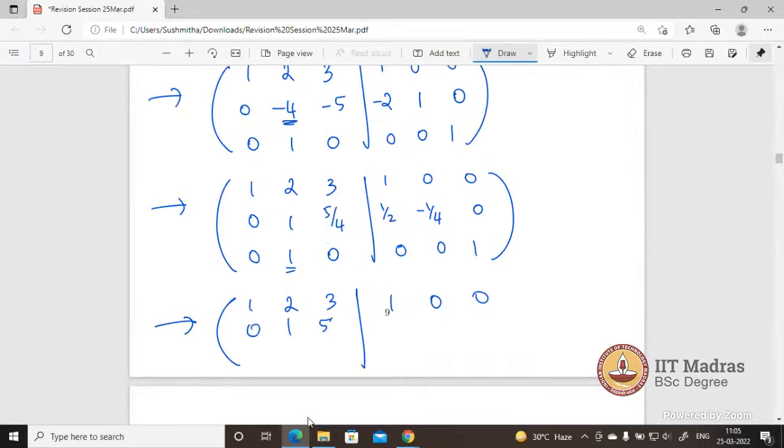So I want to make this 0. So this minus this: 1 minus 1, minus 1/2, 1/4, 1. And then I want to make this entry 1.